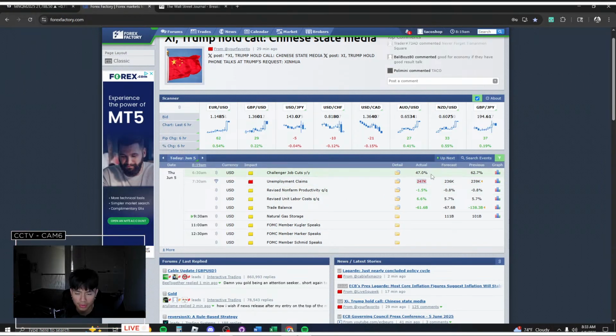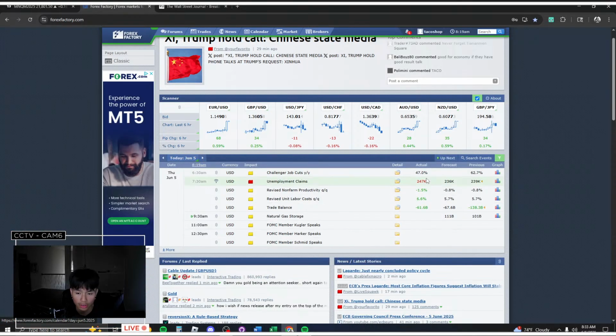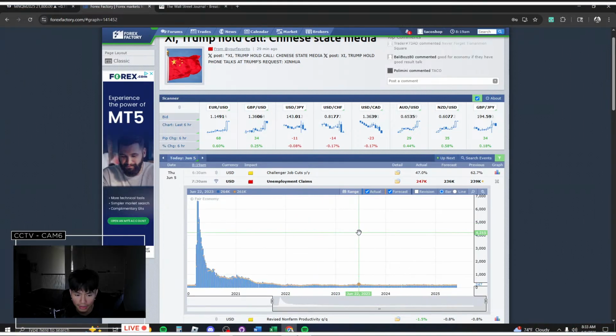So this right here is telling me that we have more unemployed people than the previous month, and more unemployed than forecasted. It's not good, but I wouldn't say it's a drastic change, right? Not that drastic, I would say.